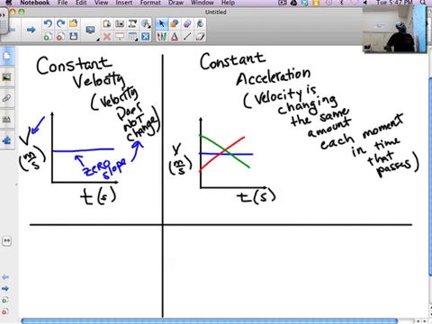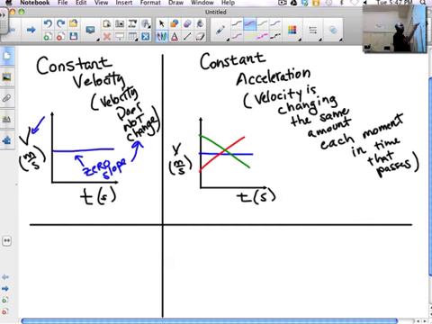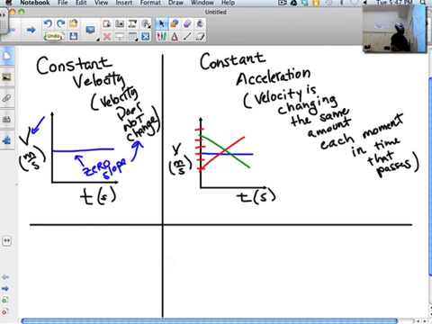The red line is a positive acceleration. Because these values of velocity are above the t-axis, the numbers on this vertical axis would be getting larger, meaning your speed is increasing. And you're moving in the positive direction because all these numbers are above the t-axis.